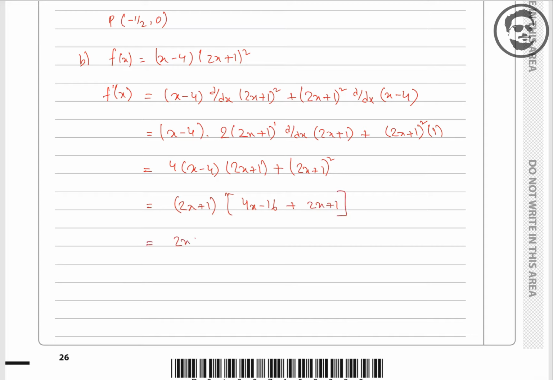So (2x plus 1) bracket close (6x minus 15), and if we simplify this it will give us 12x squared minus 24x minus 15.